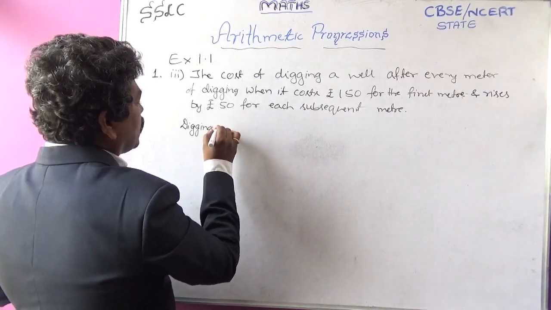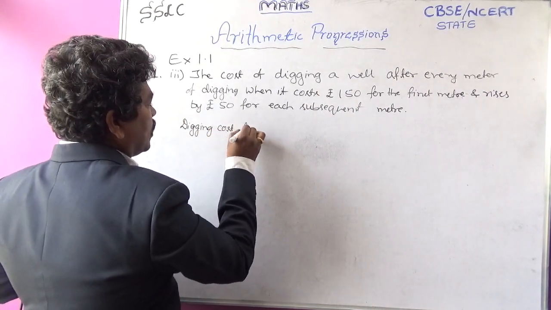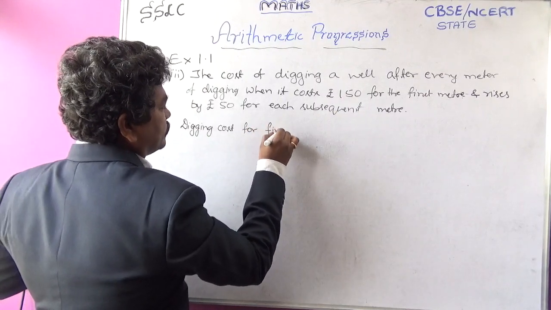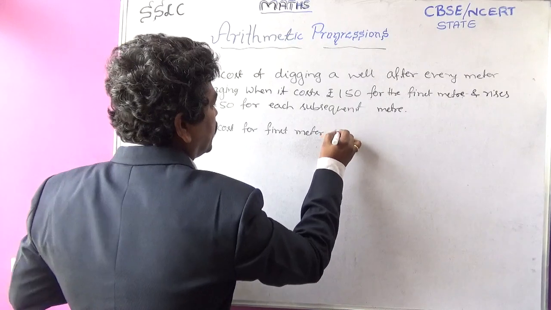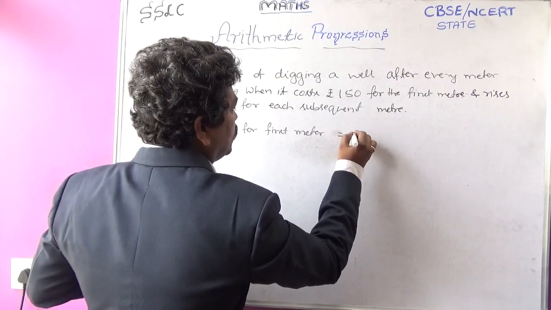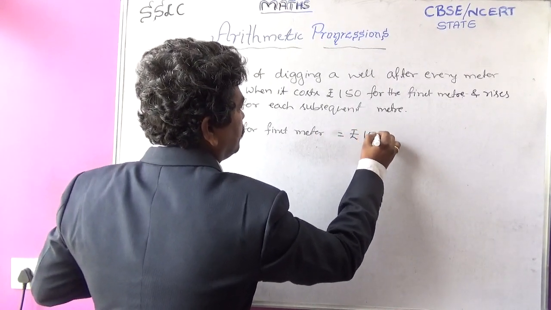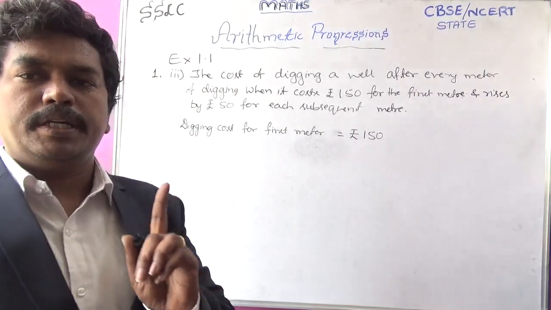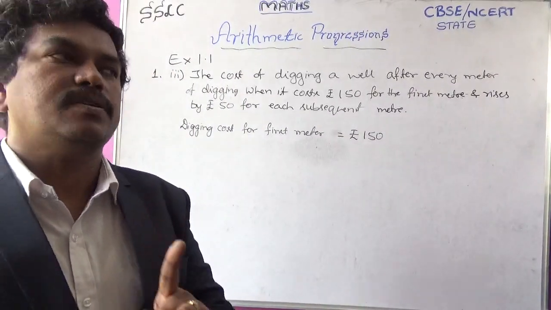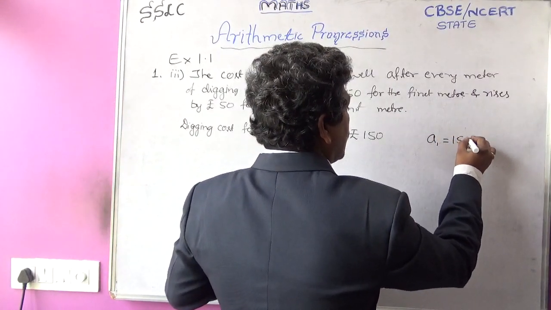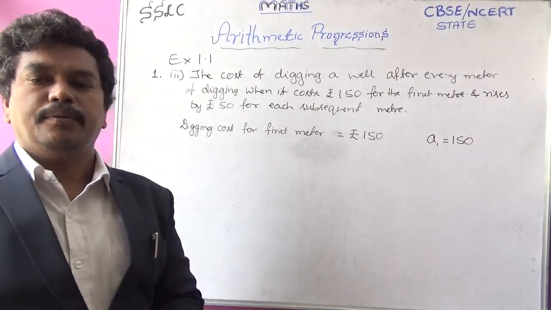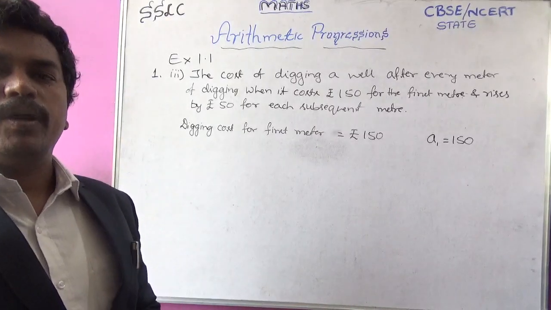The digging cost for the first meter is equal to rupees 150. Therefore, we consider this as A1. A1 is equal to rupees 150.